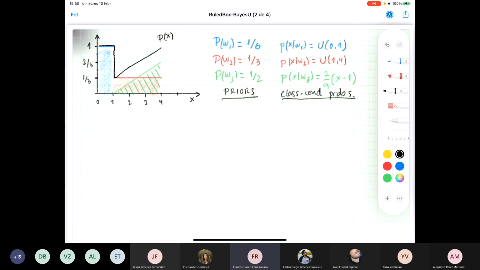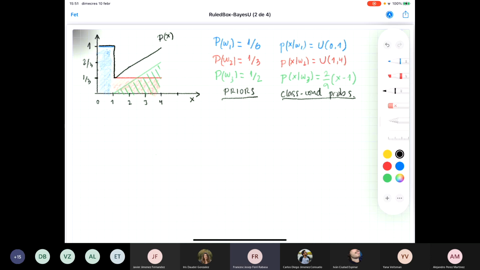So the sum of the three between 0 and 1 is exactly P(x|w1). And between 1 and 4, we have a constant function. The red one is a constant, and the green one is a linear function. And the sum of the two is exactly this. Okay? Yes.